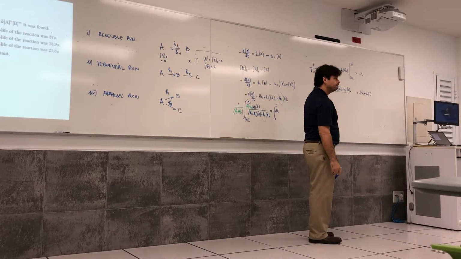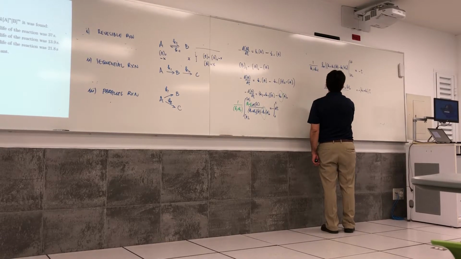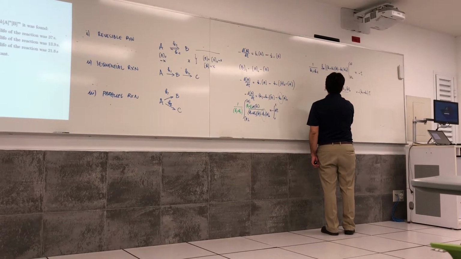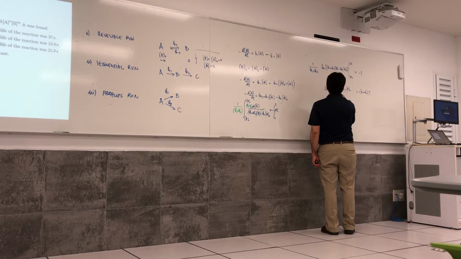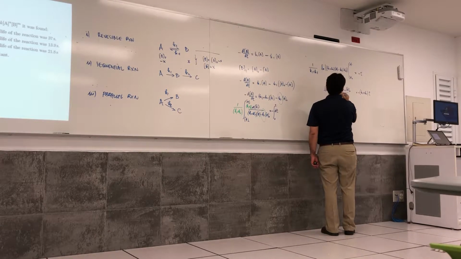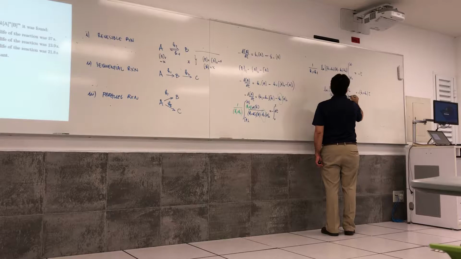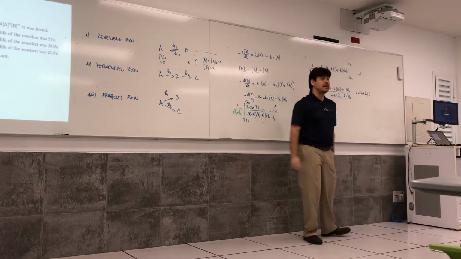Denominator? k1 plus k minus 1 times A0 minus A0 is 0. We are evaluating for A0, and this is just a constant. Okay, so that is the integral.